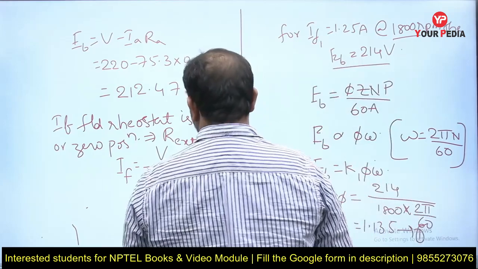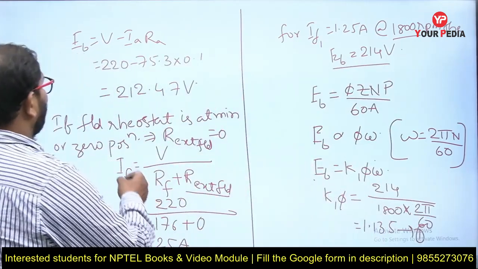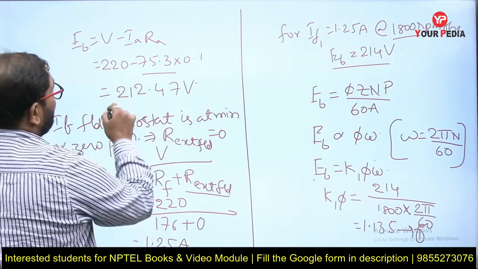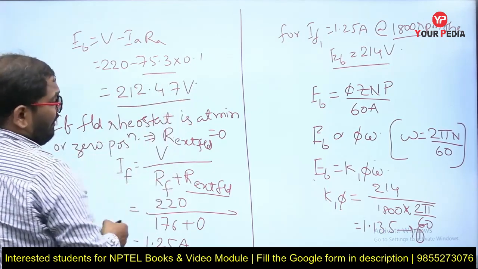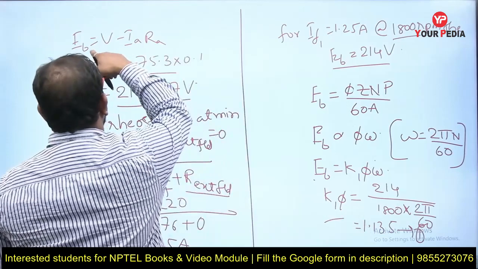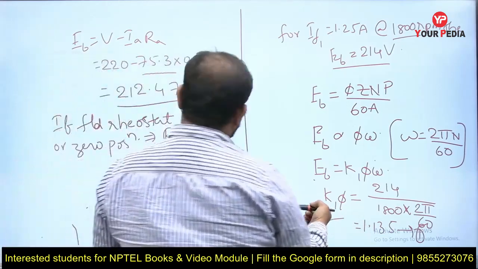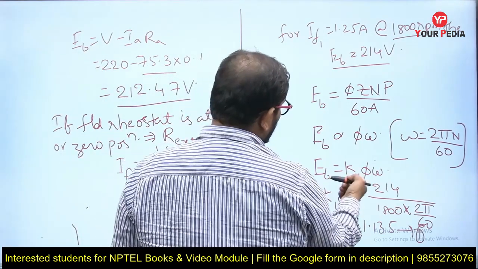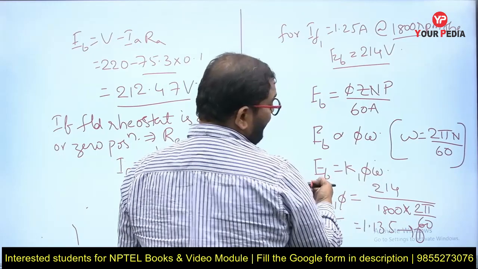As we know the value of current, and we got the back EMF, and we know the constant k1 into phi, I take the ratio of EB by k1 phi, because k1 phi into omega gives you the EB.